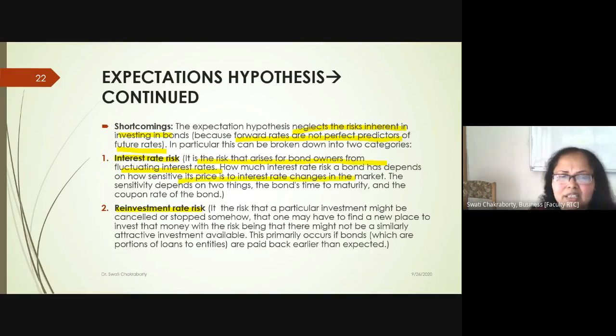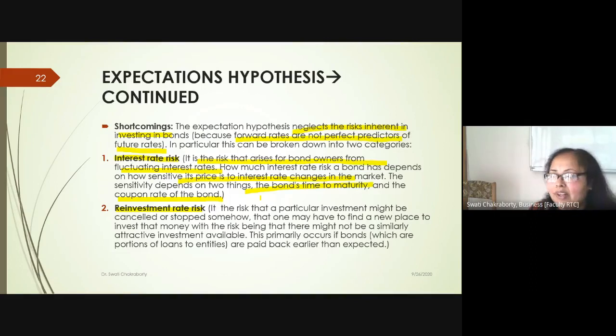The sensitivity depends on two things: the bond's time to maturity and the coupon rate of the bond. The coupon rate is the interest that you get from the bond, right? So the risk varies. Risk depends on the time to maturity and how much interest you're getting.